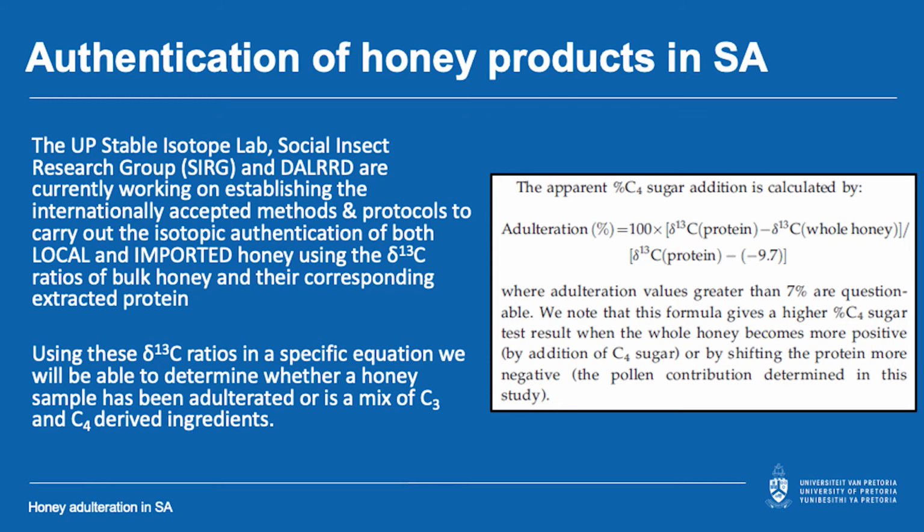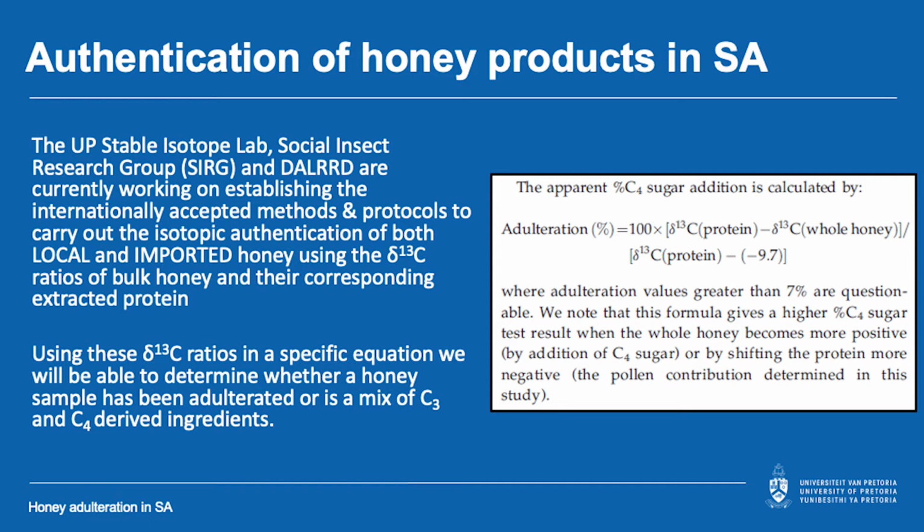All right. We at the Stable Isotope Lab have been working quite closely with the Social Research Group, SURGE, and the Department of Agriculture, and we are trying to establish the appropriate methods that are internationally accepted to carry out isotopic authentication of both local and imported honeys, based currently on the ratios of bulk honey.